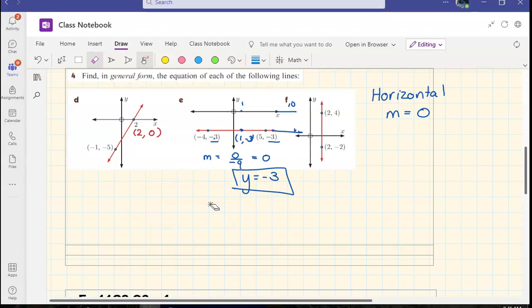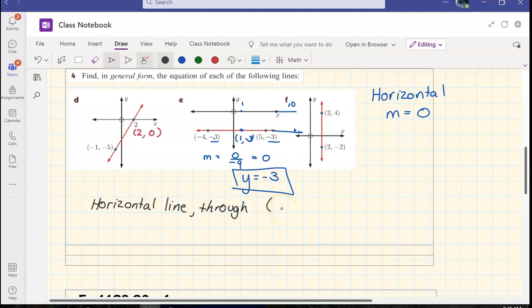So it could be a question where you've got, what is the equation of the horizontal line through, give us a point, any point?